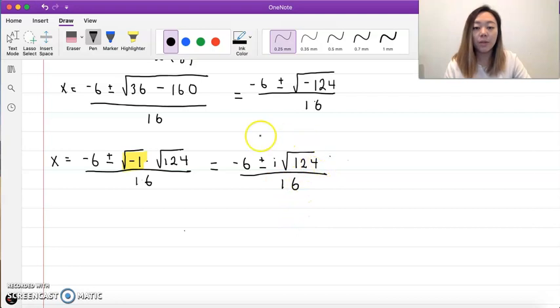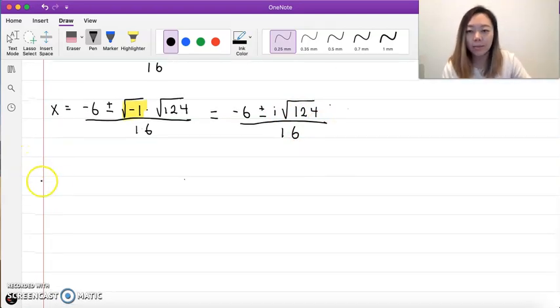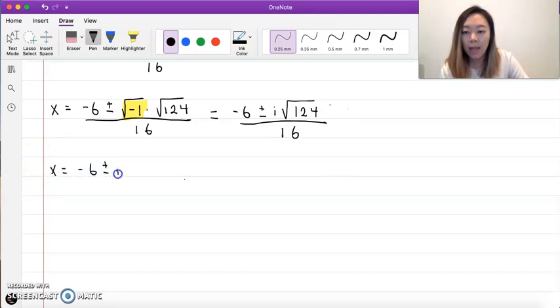And then we could stop here, but the square root of 124 could be simplified even further. So we're going to go ahead and simplify it all the way. So that's negative 6 plus or minus I square root of 124. Remember we did this last time? Two numbers that multiply to 124, and one of them has to be a perfect square.